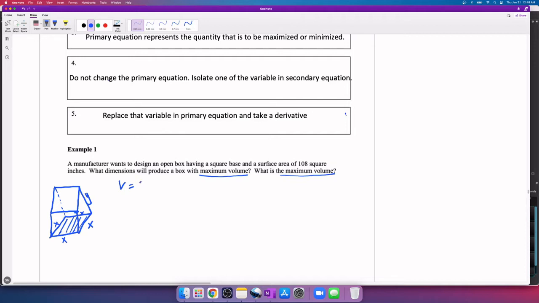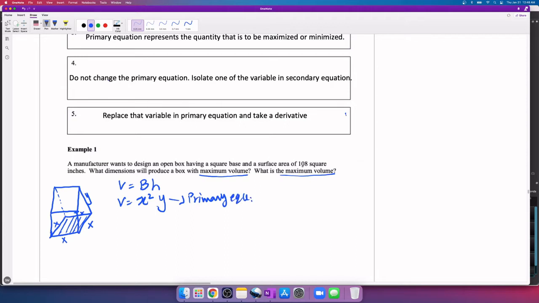You're going to use this general formula. It's big B H. That's all. Remember it. What is big B? That's the area of the base. Now our base was square. So what is the area of the square? It's x squared. What is the height? It's y. So that's my primary equation.